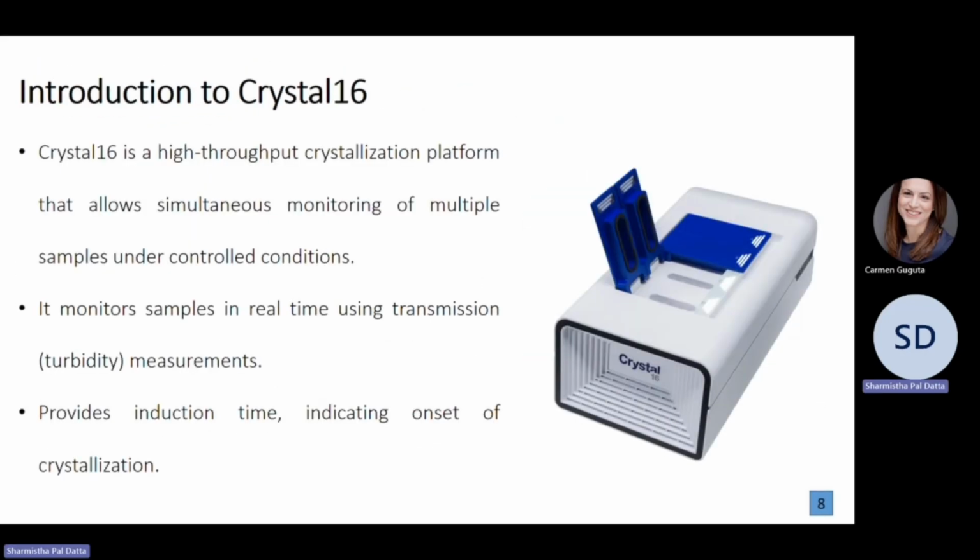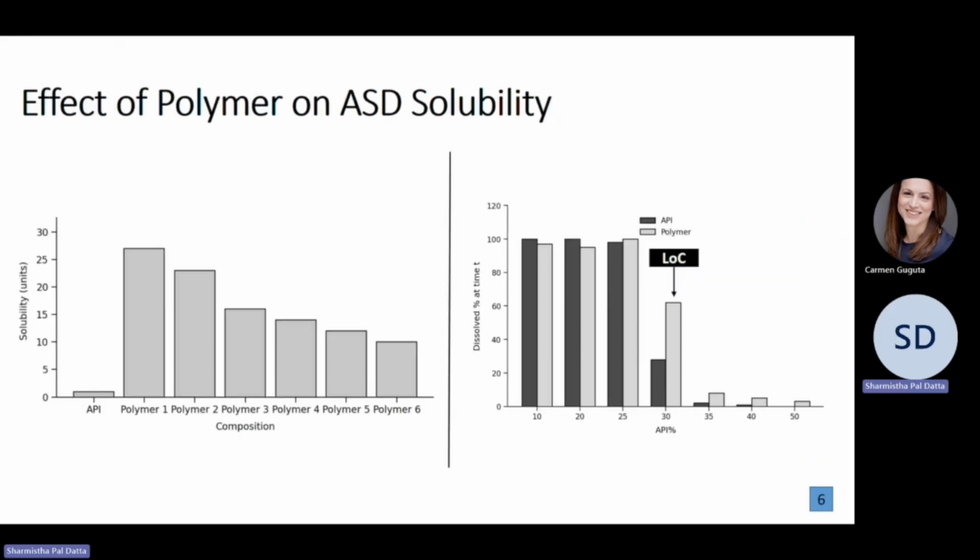So with that now covered, let's move on to the role of polymers in the preparation of ASDs. As you can see on the left panel, when different polymers are used for making an ASD, different polymers can have different effects on the extent to which it increases the solubility of the API.